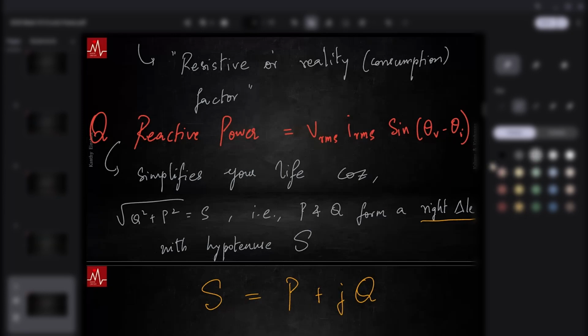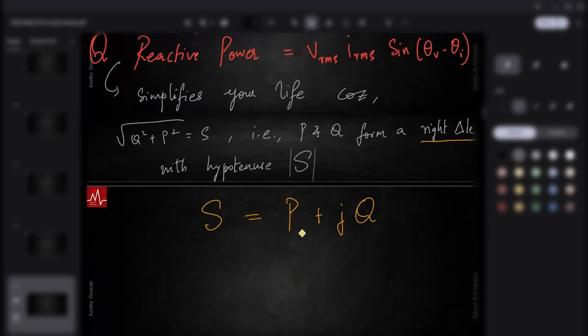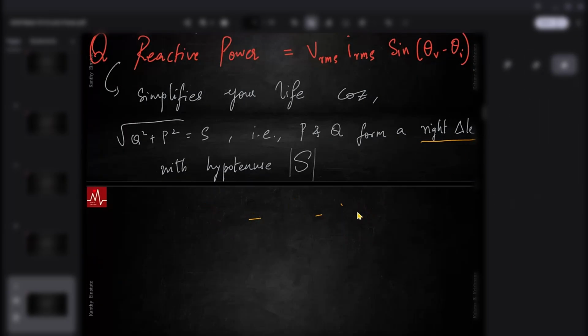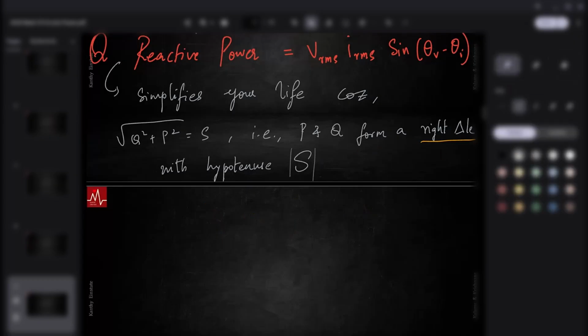And what I'm referring to here is the absolute value of S. If you consider this complex number, things become easy. But in fact, I would not even recommend that. Recognize P and Q form a right triangle. That suffices for our purpose. So it does simplify it. But for completion, let me write that. So your S will be P plus JQ. This is for completion.